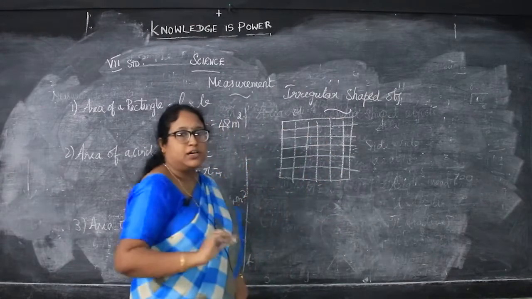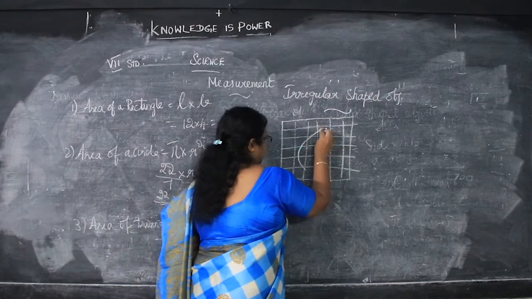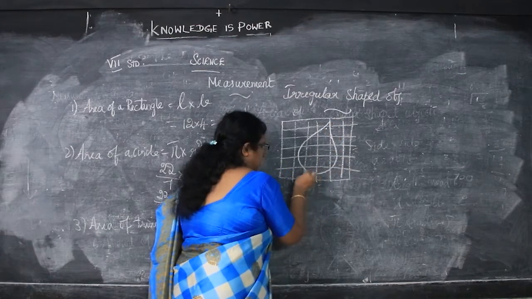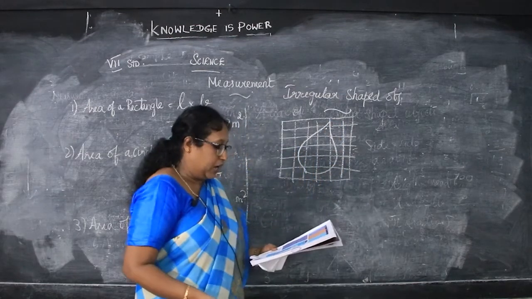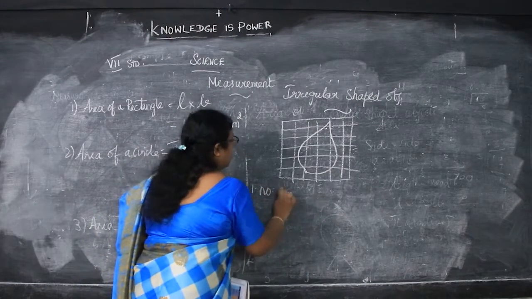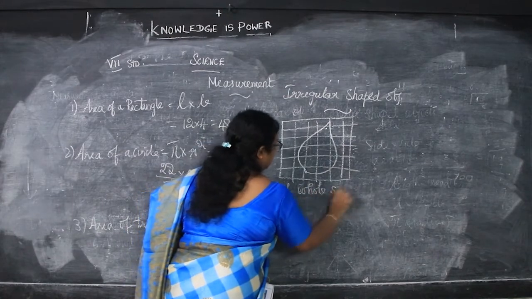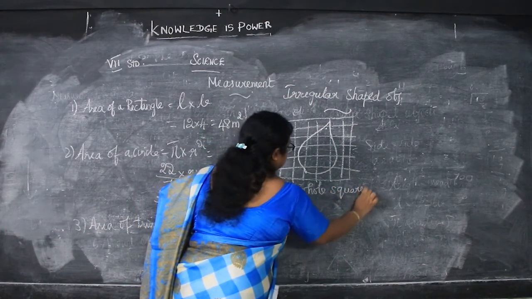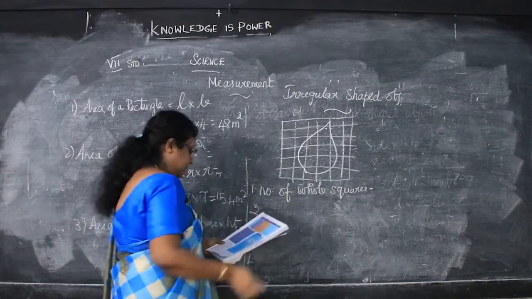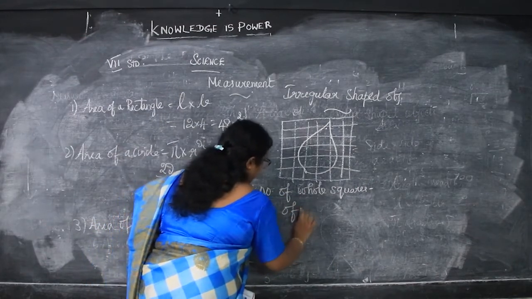Now you have to draw the outline of a leaf. First you have to count the number of whole squares. Then the second point is the number of squares more than half.